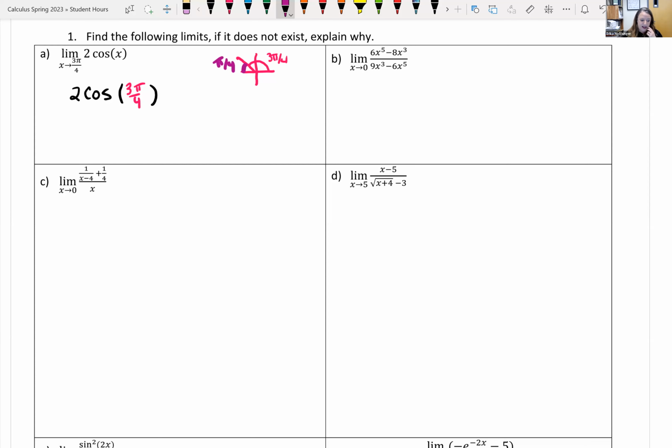Cosine is negative in quadrant 2, so this would give us 2 times the negative of cosine of pi fourths. Cosine of pi fourths is root 2 over 2, so cosine of 3 pi fourths is negative root 2 over 2. Notice that our 2 cancels in the numerator and denominator, and we're left with just negative root 2.